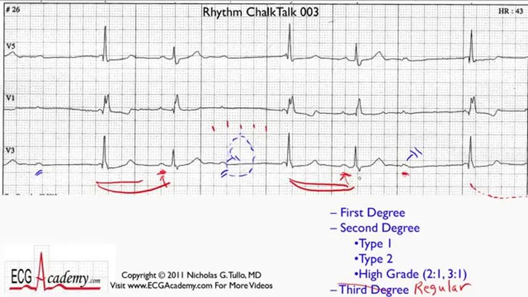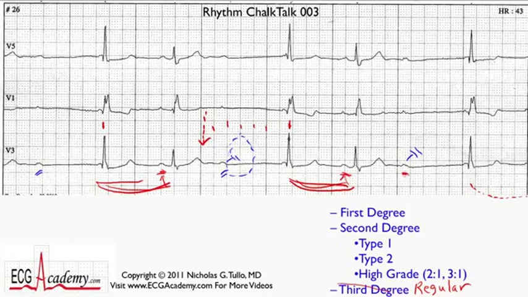Now here's an interesting way of telling which P's conduct and which don't, because it's maybe a little deceptive sometimes. If you look at two of these beats, the beginnings of these groups, and let's just say that this was an escape rhythm. Okay, so let's find the midpoint between these two beats, and that would be somewhere around here.